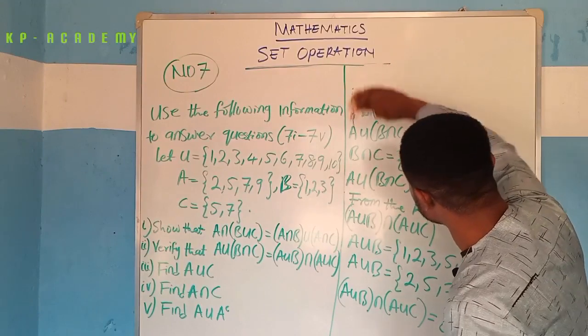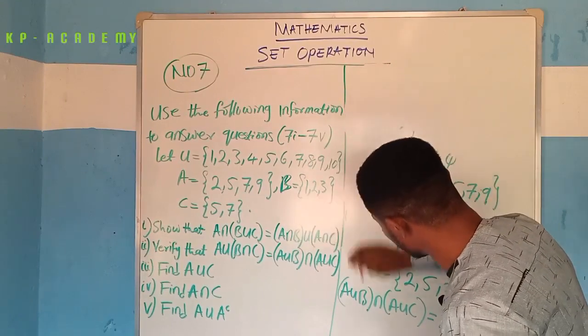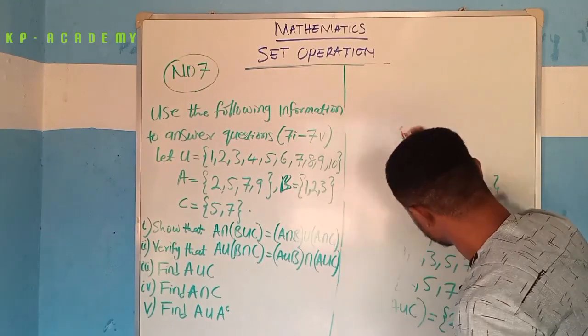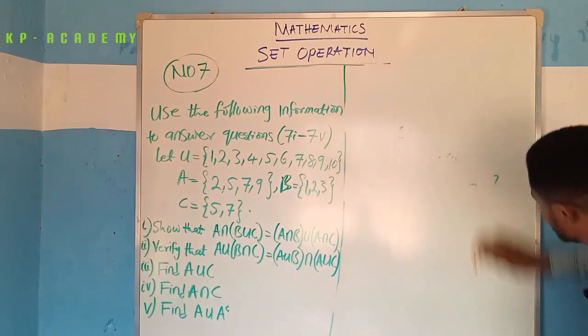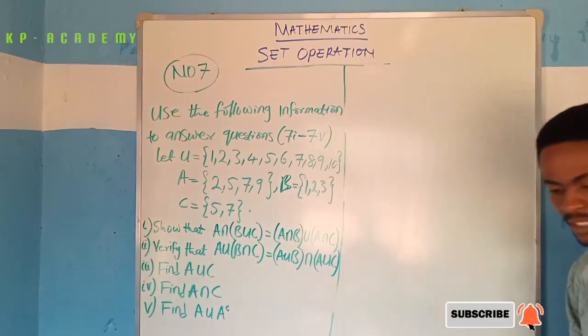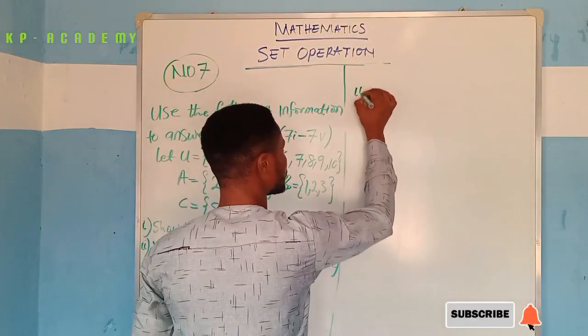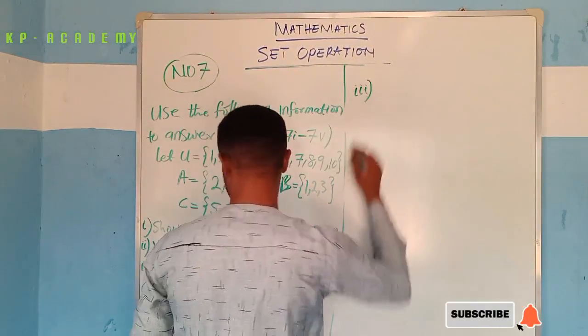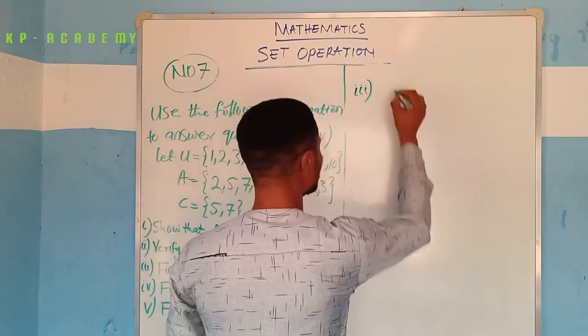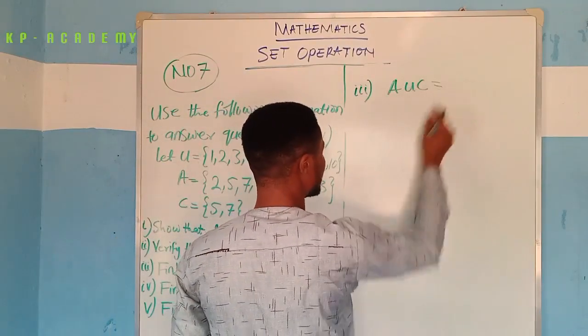You can take a screenshot of your screen. Take a screenshot, very important. Okay, next one, let us solve for the III. III says A union C. That one is just very simple.